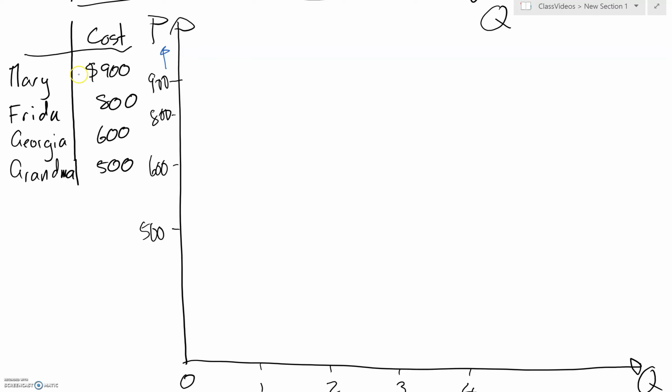Well, we've got Mary, she would want to sell hers. Frida, that looks good. Georgia, that looks good. Grandma, looks good too. So at a price above $900, all 4 of them would be selling their item. Essentially at this point the supply curve is vertical because we've just run out of sellers at that point.